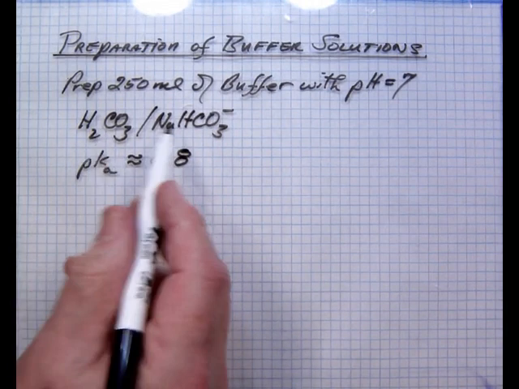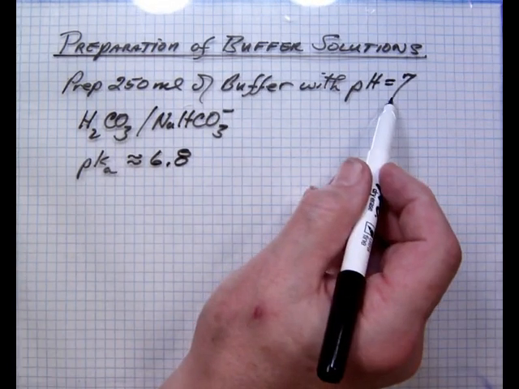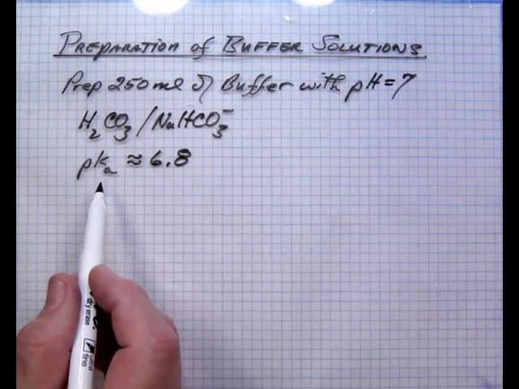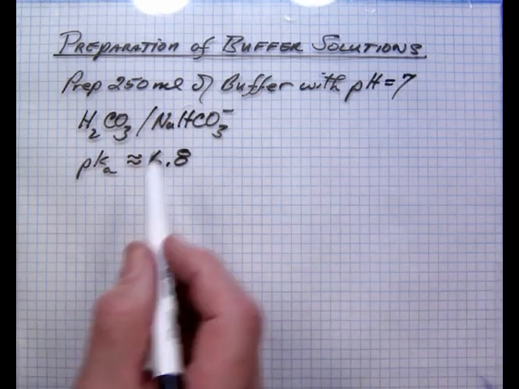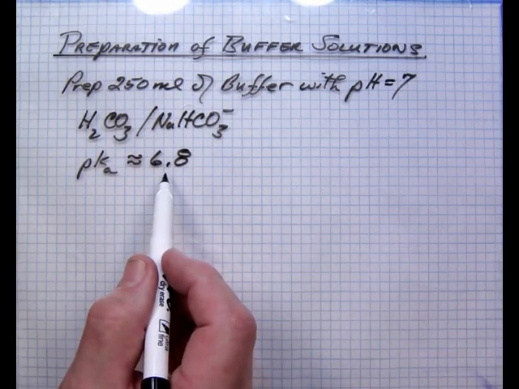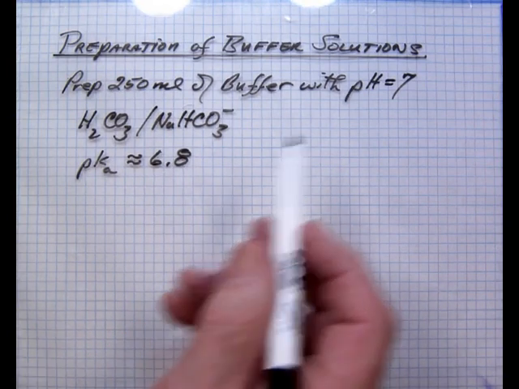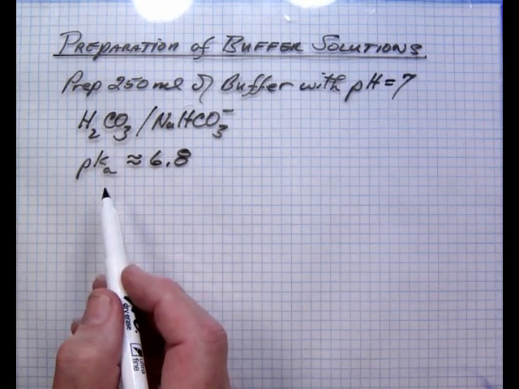So if you want a 7, this is kind of a backwards calculation. You need to find an acid with a pKa close to whatever the pH is.